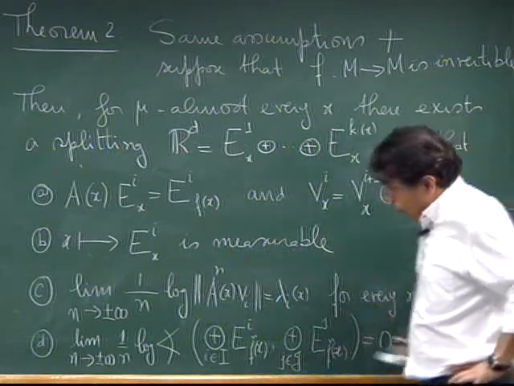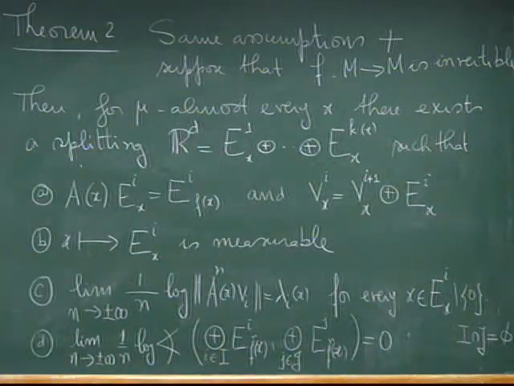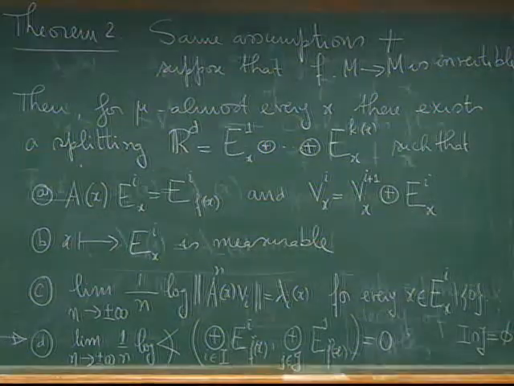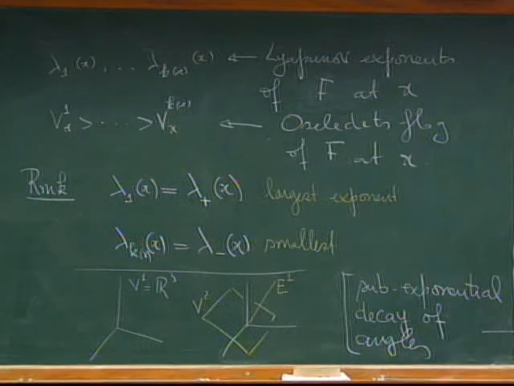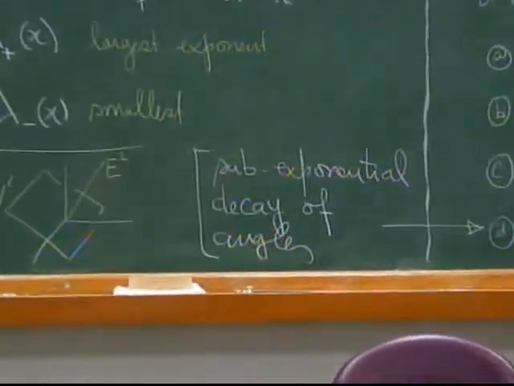So this is called sub-exponential decay of angles. And for many purposes, it is just as good as saying that the subspaces are orthogonal. Not quite as strong, but it's good enough for many applications.